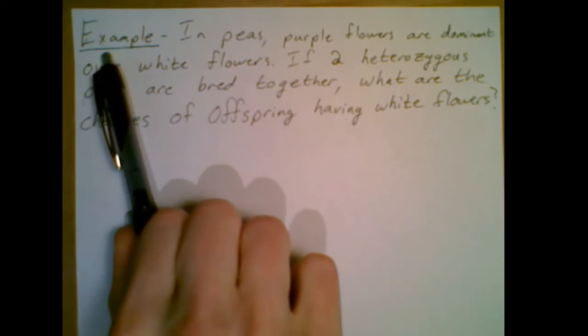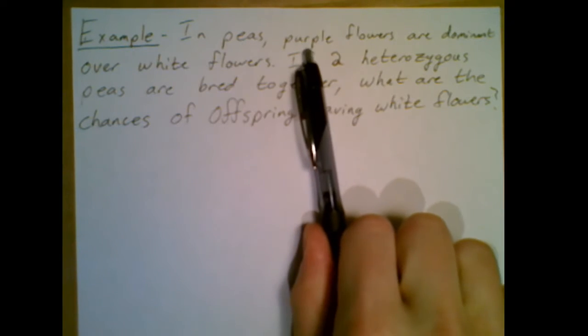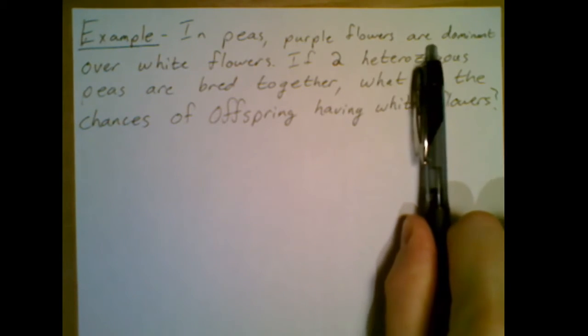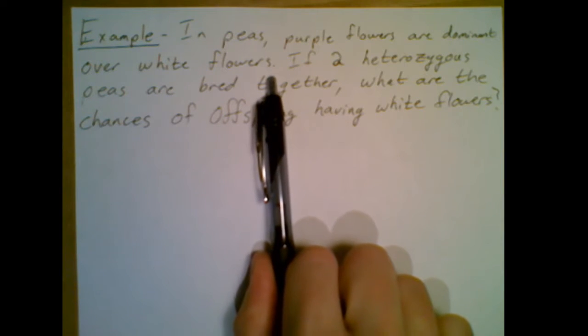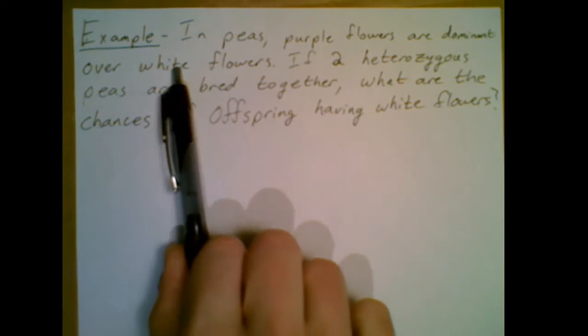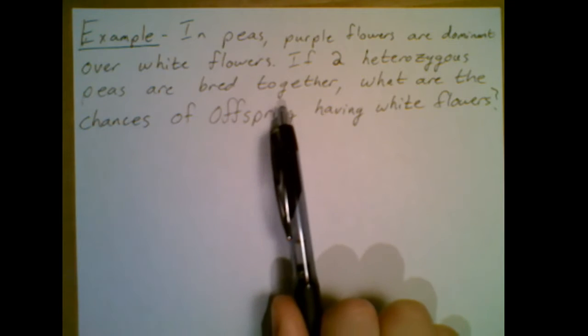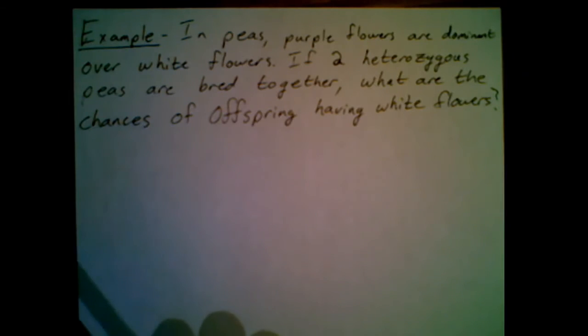So here's our example. In peas, we're going to say that purple flowers are a dominant trait over white flowers. What that means is that purple is dominant while white has to be recessive. It says if there are two heterozygous peas and they are bred together, what are the chances that the offspring of those peas are going to produce white flowers?